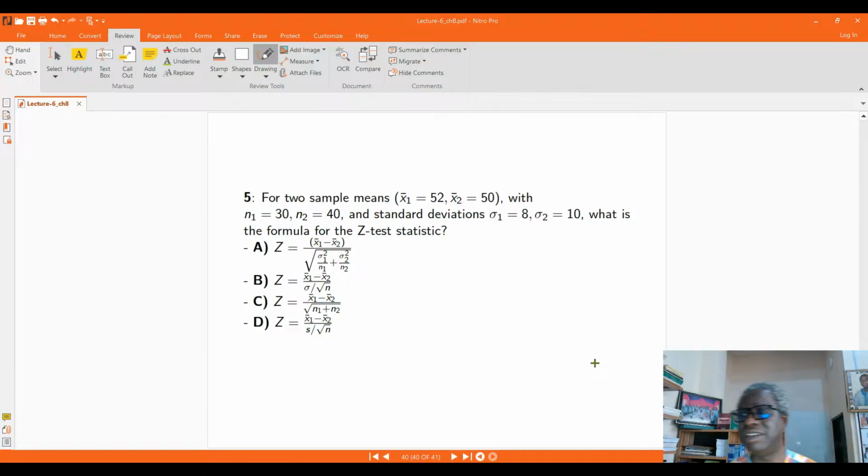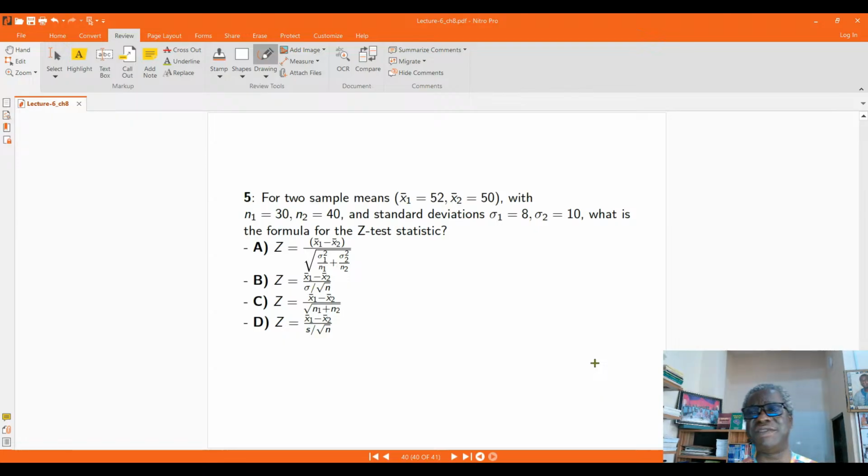Finally, this is the last question. For 2 sample means, X bar, so you have 2 populations. The mean from population 1 is 52, the mean from population 2 is 50, and the sample size from population 1 is 30, from population 2 is 40.